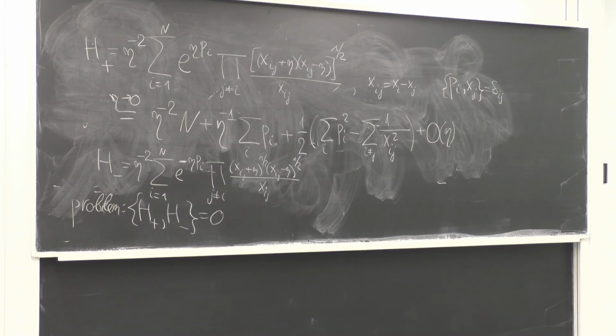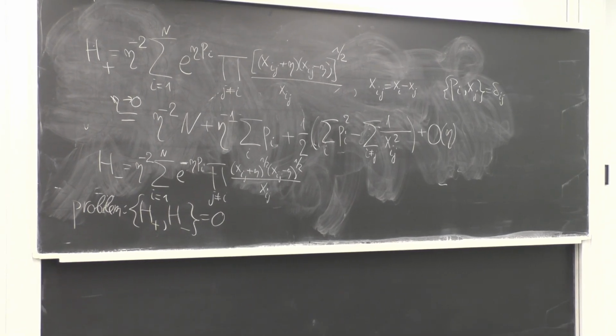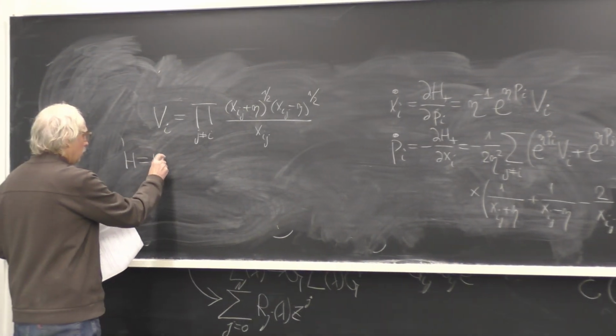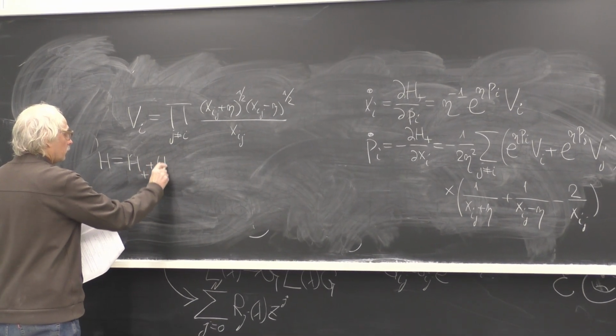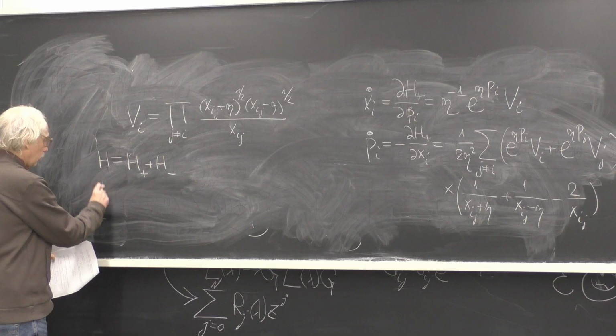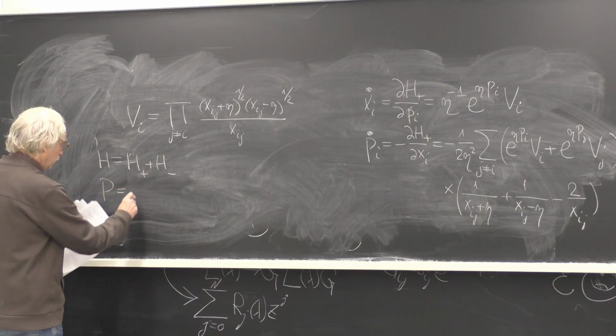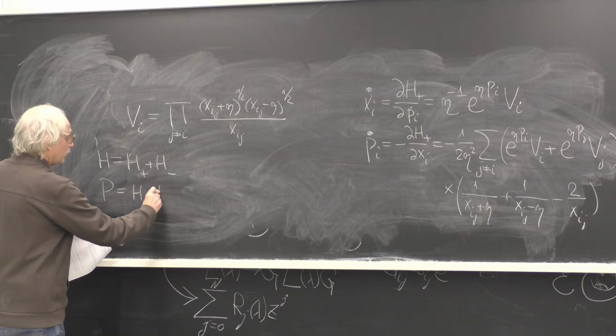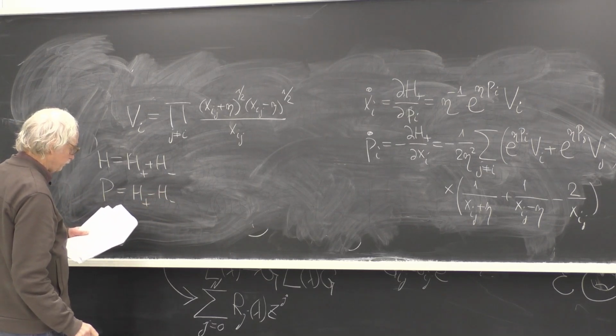Now there is a comment on why this model is called relativistic. Introduce H equal to H plus plus H minus, and P equal to H plus minus H minus.